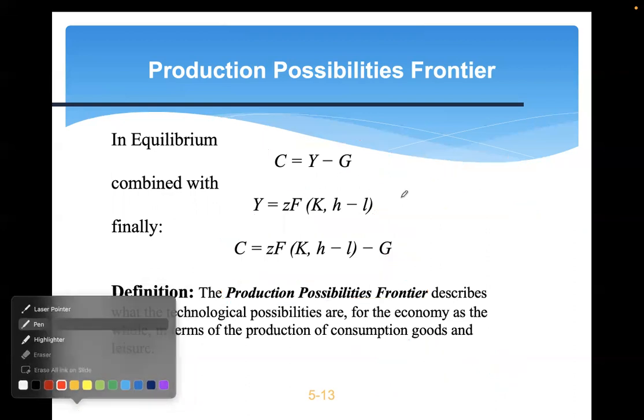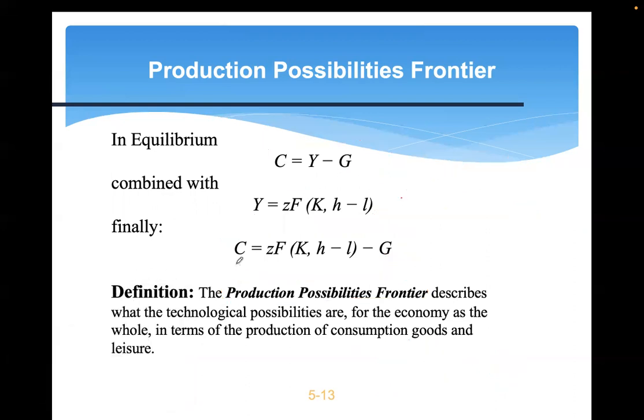So what have we done here, or what is the reason why we write this equation? Essentially, we just manipulate the firm's production function by including two things. One is the goods market clearing.